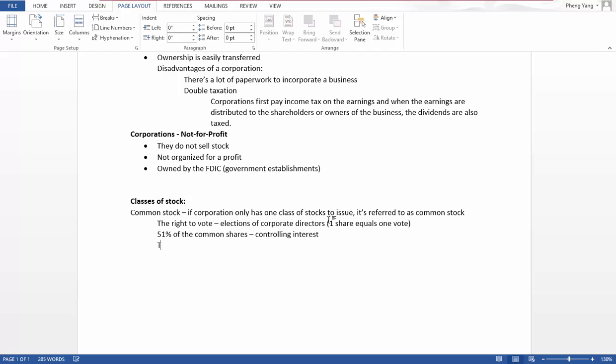Common stock also has the right to share in profits, which means that when dividends are declared, common shareholders get a certain percentage.